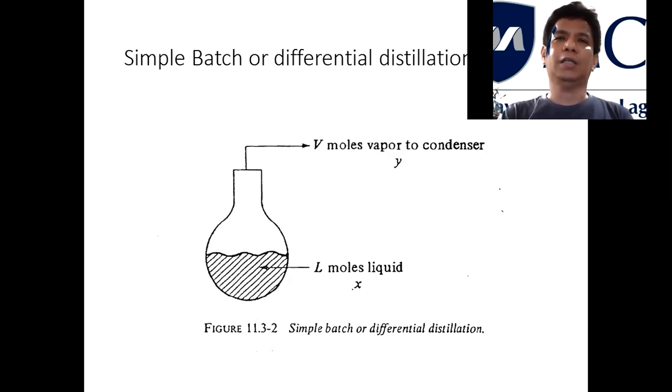Generally, the liquefied vapor is the product of distillation, known as distillate. And then in alcohol distillation, what remains in the original container is mostly water. That's why in textbook we call that as waste or W.